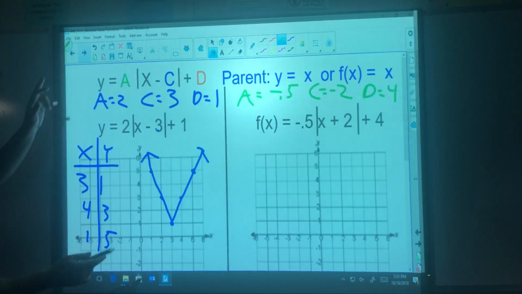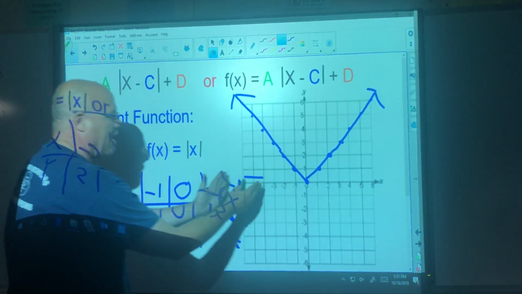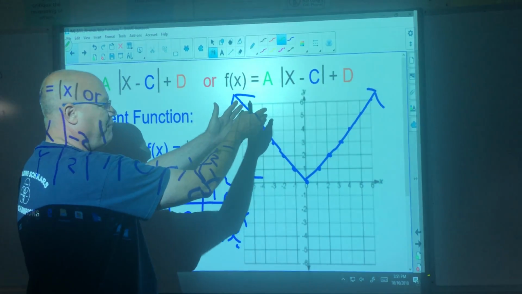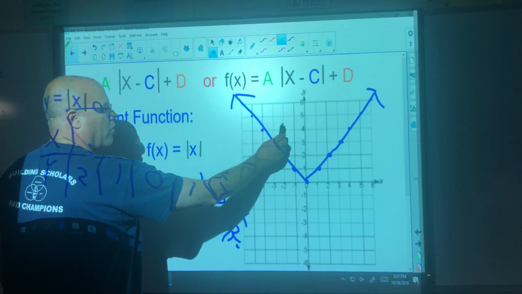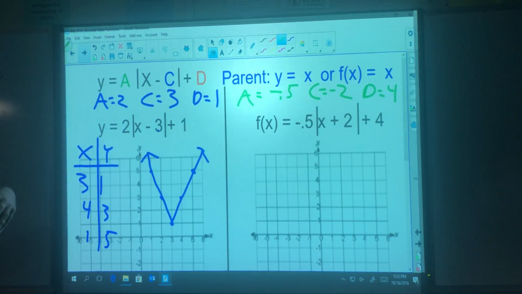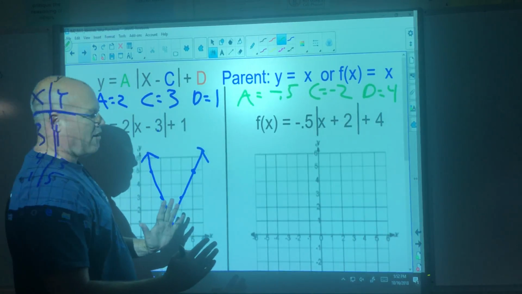Well, we know that c is negative 2, so it's going to go left 2. The d value is 4. It's going to go up 4. So this vertex is going to go left 2, up 4. It'll be right there. But we also know it's a reflection over the x-axis. So we know it's going to be opening down.